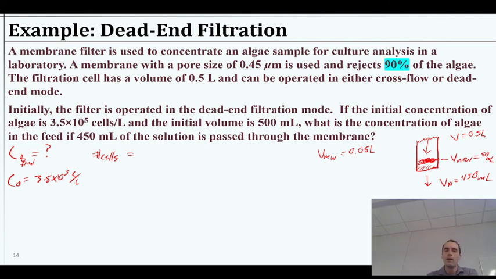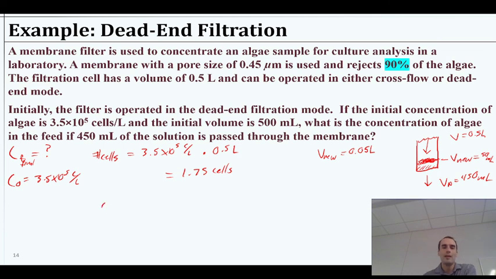But maybe a good way to look at it would be to say, okay, the number of cells we start with are 3.5 times 10 to the fifth cells per liter, but we have to multiply that by half a liter. And that's going to give us 1.75 cells in our solution. Okay, so then we can count how many escape and subtract that.